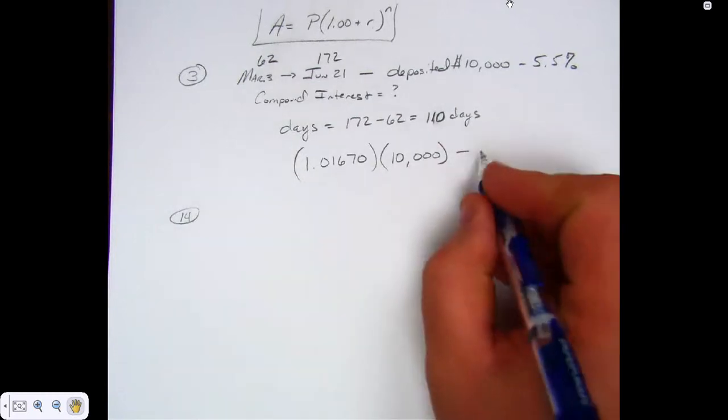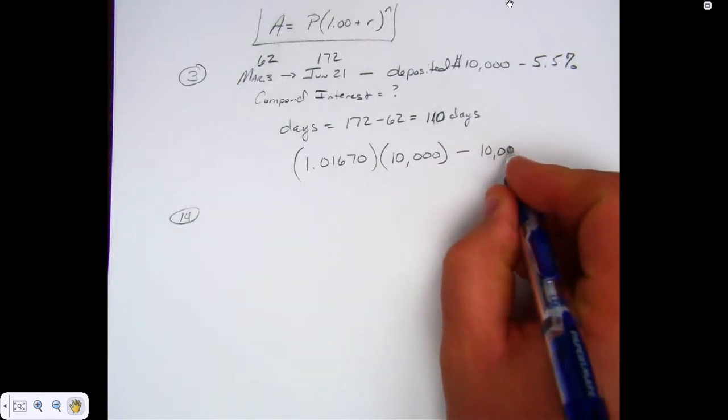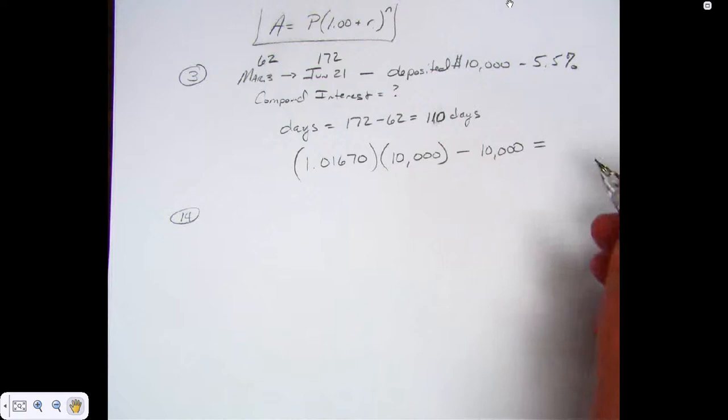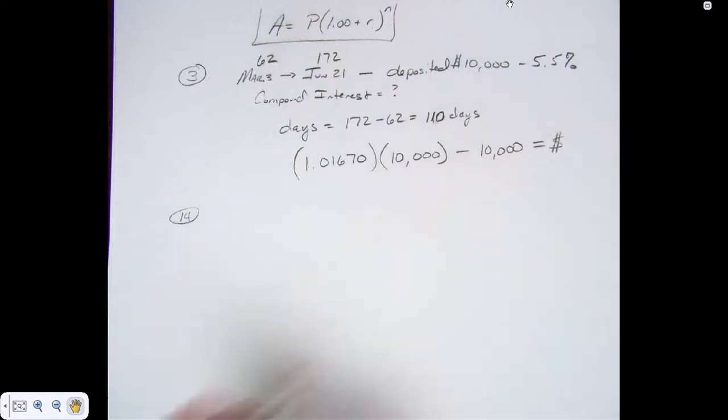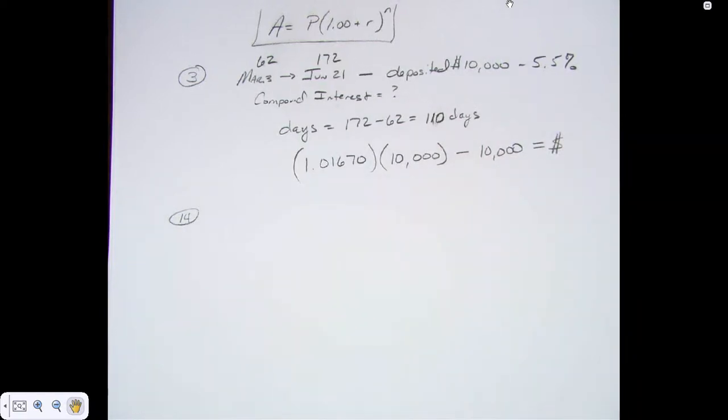But now I subtract. They want to know the compound interest, so I just subtract 10,000 from that. Put that into your calculator, because they want to know how much you made, the interest. So you subtract what you put in.